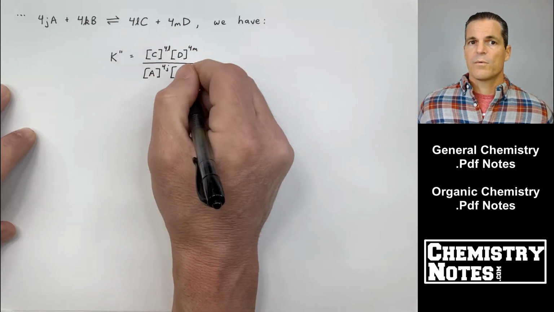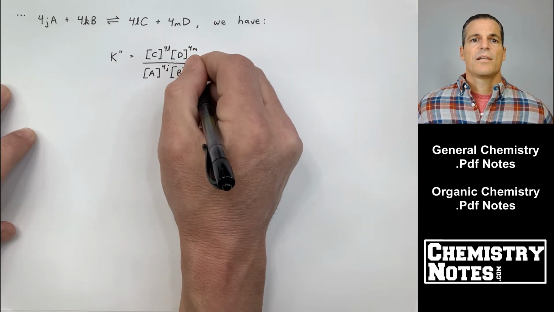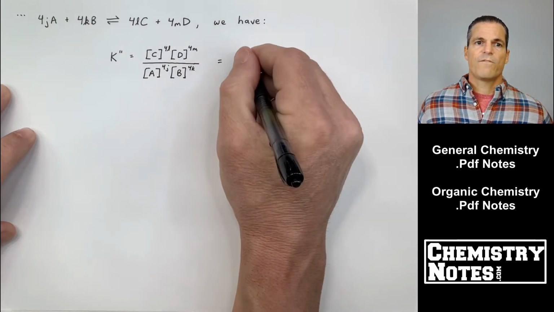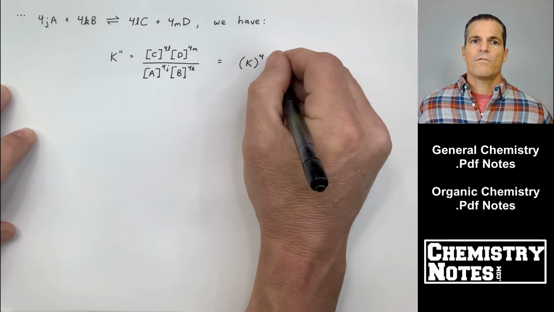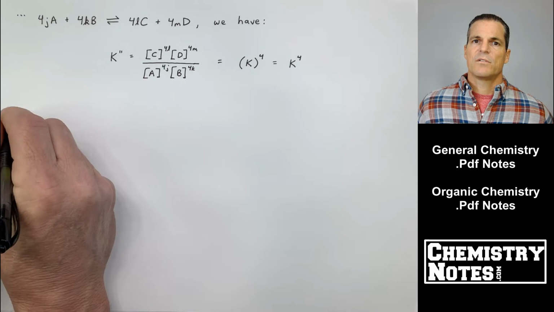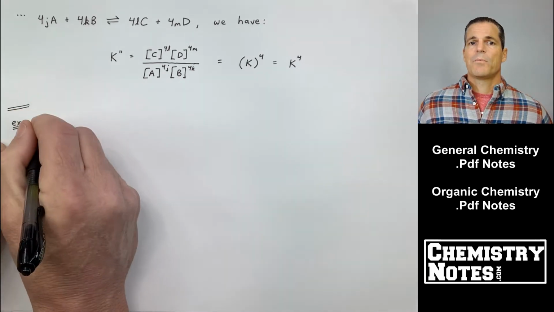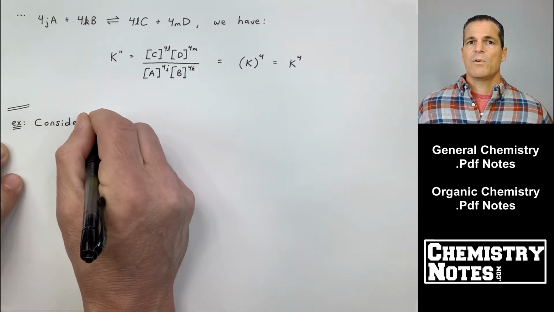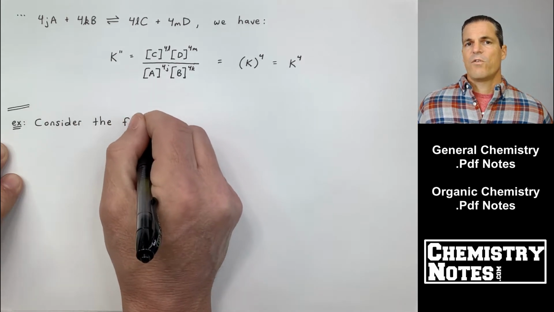And this is a forward reaction, so I write it as such. Except now the coefficients are 4J, 4K, 4L, and 4M, so my powers are different. So in this example, K double prime is just my initial equilibrium constant, K, to the 4th power.